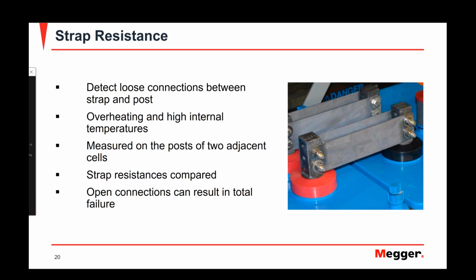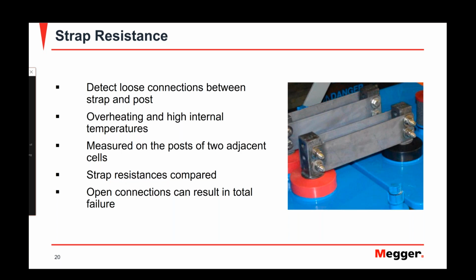Now, it's important to mention that whenever we take these measurements, we have proper probe placement. You don't want to place your probes on the hardware connecting the strap to the post. You want to place your test probe connections on the posts of the battery so that you take a measurement across both sets of bolted connections.